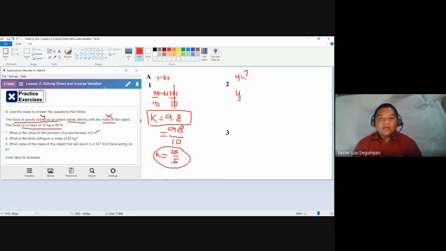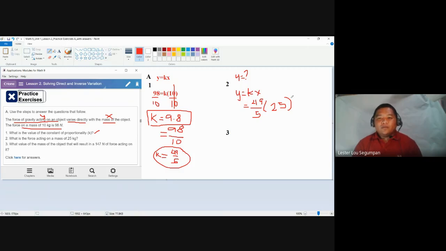So y is equal to kx, where k is 49 over 5, or you could use 9.8 or 98 over 10, times your x, which is 25 kilograms. Again, what is asked is the force, that's your variable y.